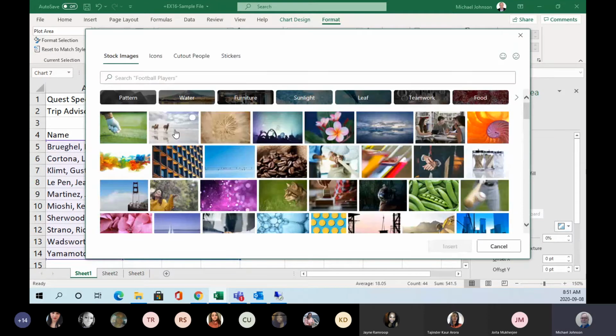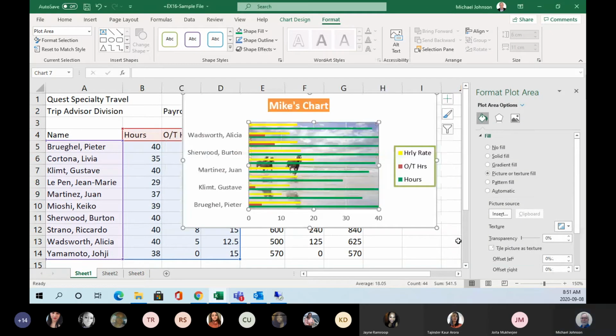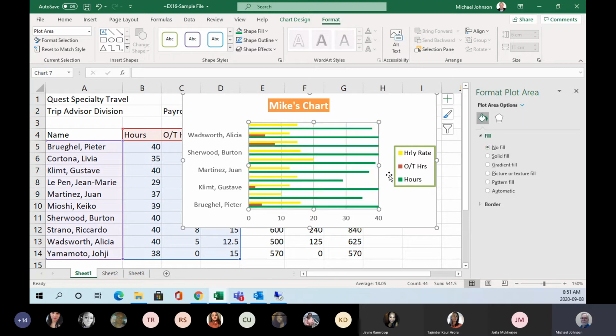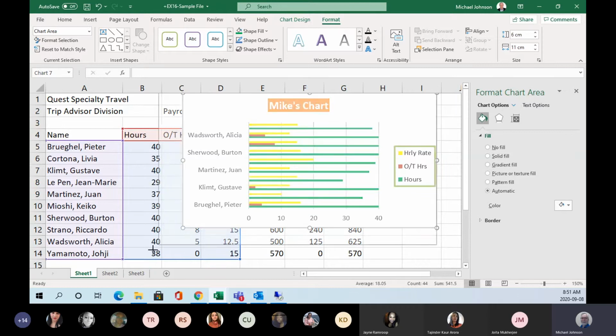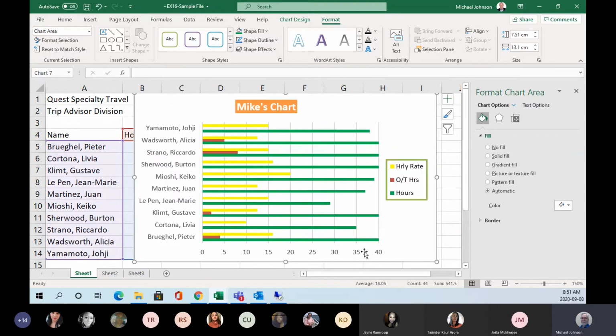There we go. Oh, there's horses. Let's grab the horses. There you go. So now I have horses in the background. So really, or no fill at all. It's up to you what you do with this and how you set it up. We can put more vertical lines in, more horizontal lines in if we want to as well. Just going to make this a little bigger. There we go.